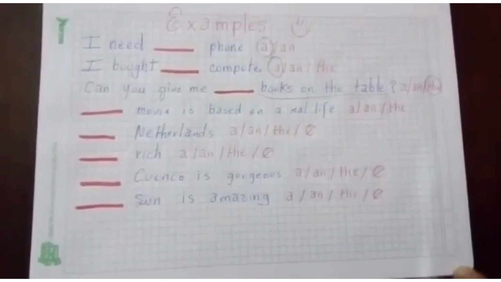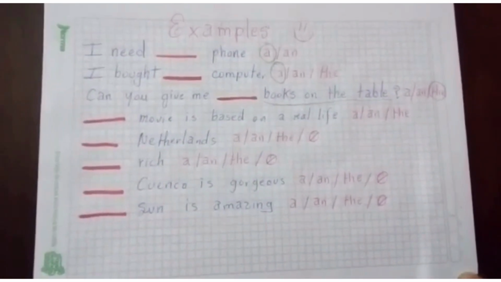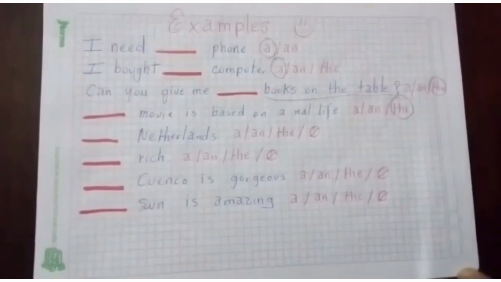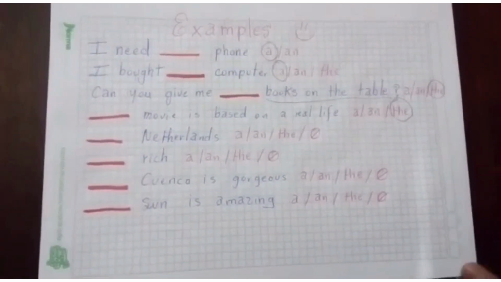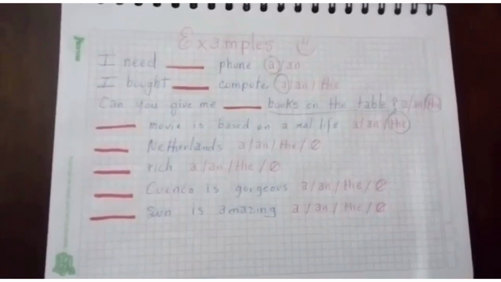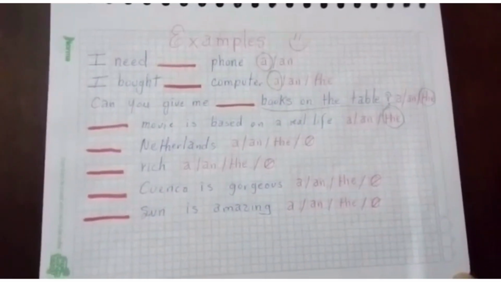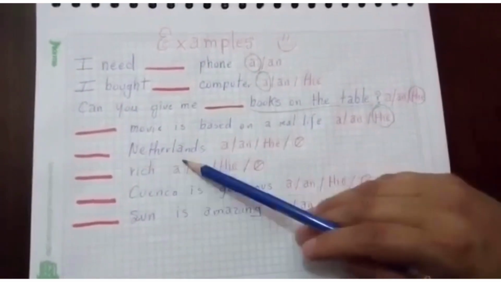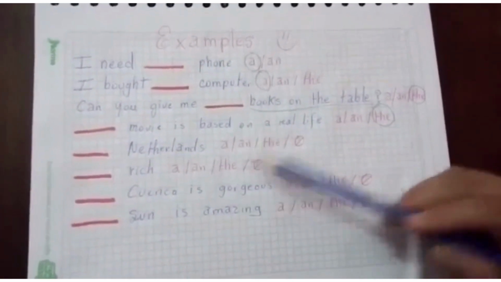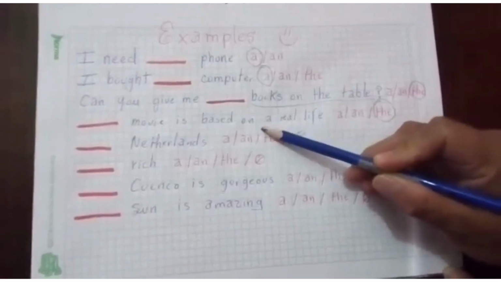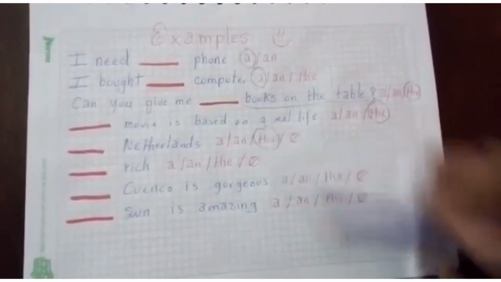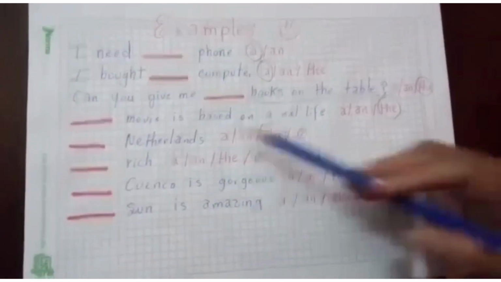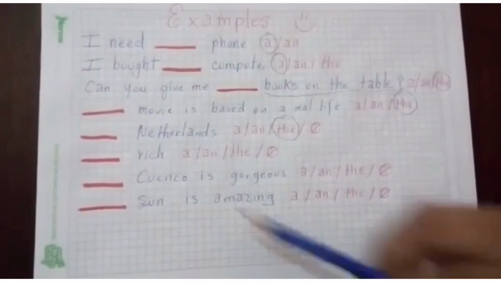An or the movie is based on a real life. Here we are going to choose the movie is based on a real life, because that is a specific thing that we are talking about. The Netherlands. So which one? Obviously, we are going to choose the Netherlands, because our rule says that we have to use it.